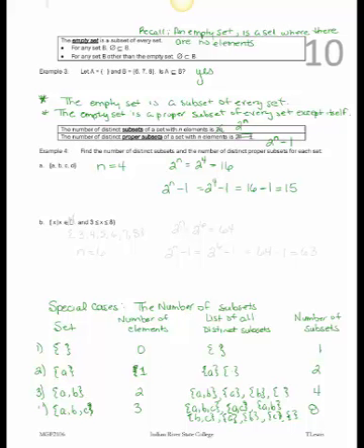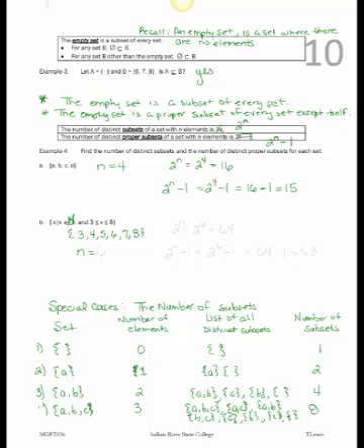Letter B. For all x such that x is an element of the natural numbers, and 3 is less than or equal to x, less than or equal to 8. So let's identify those natural numbers. We have 3, 4, 5, 6, 7, 8. So what will be our elements here?